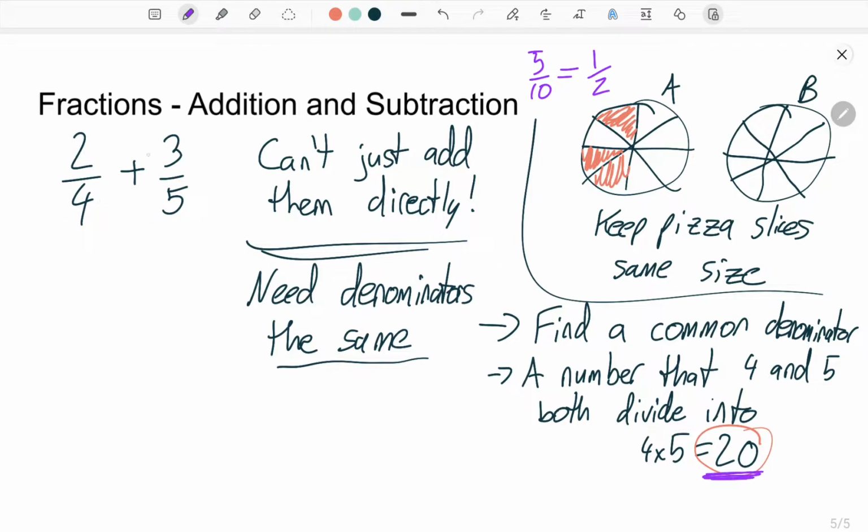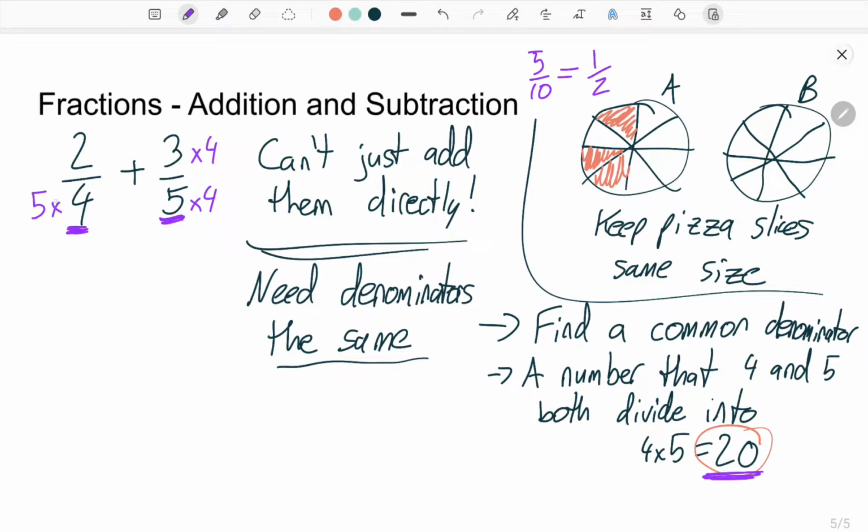Well, what do we need to multiply 5 by to get to 20? To get to 20, you just need to multiply it by 4. And if we're looking at the fraction, whatever we do to the bottom, do to the top when you're converting it to another fraction. What do we need to do to 4 to get it to 20?